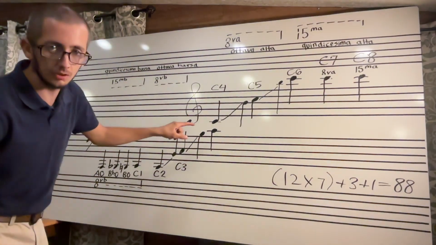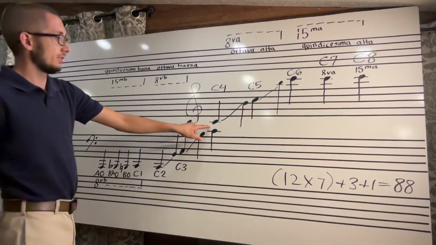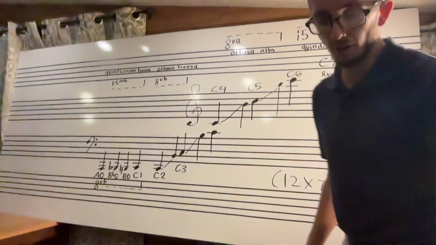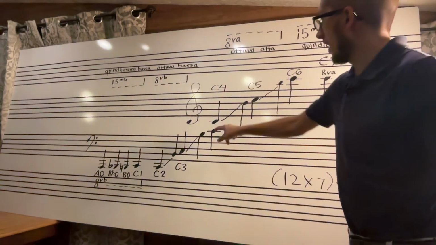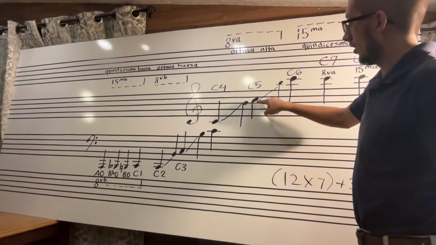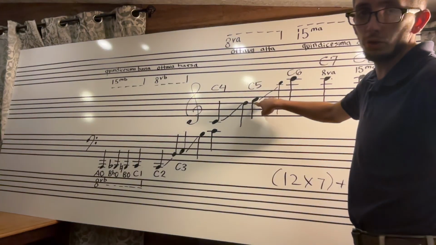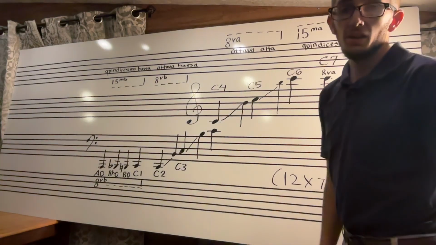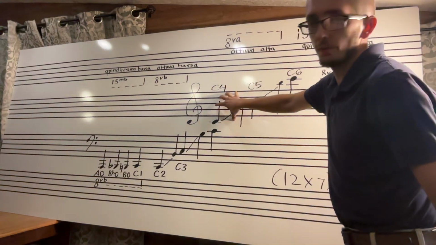So I want to start right here at C4 and play each of these octaves. Alright, so here's C4. Every pitch found between C4 all the way up to C5, not including C5, is all a part of the 4th octave.